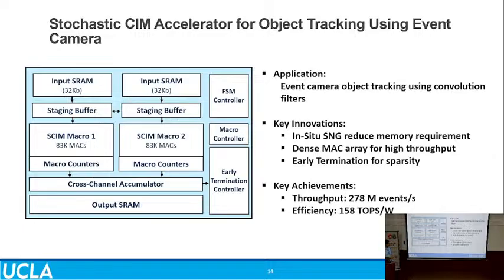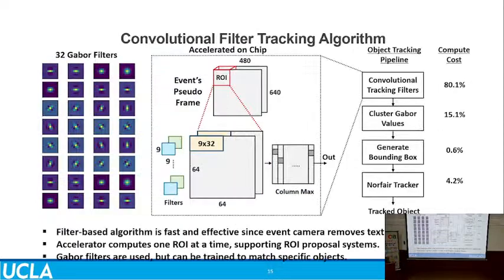It supports a stochastic number generator, which is embedded within the SRAM. Of course, there's a very dense MAC array, and there's early termination to deal with sparsity. So it can process about 270 million events per second, and efficiency translates to about 160 odd TOPS per watt.